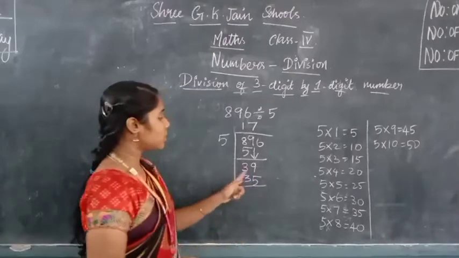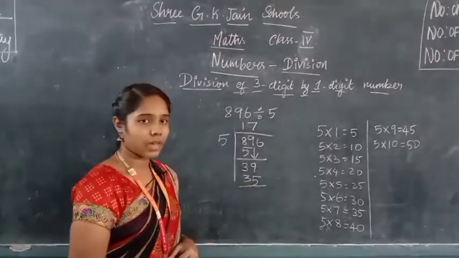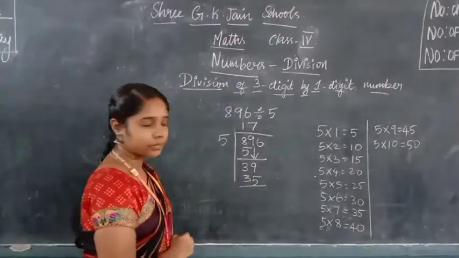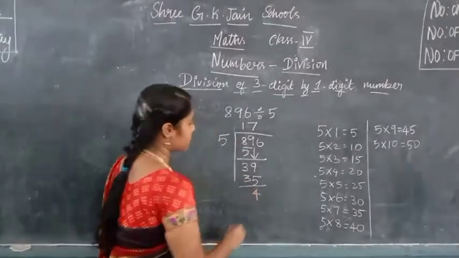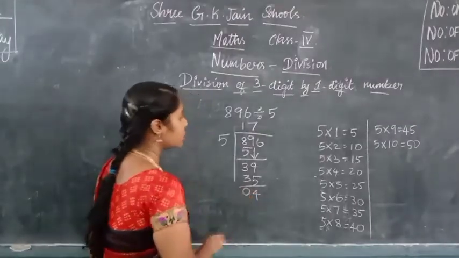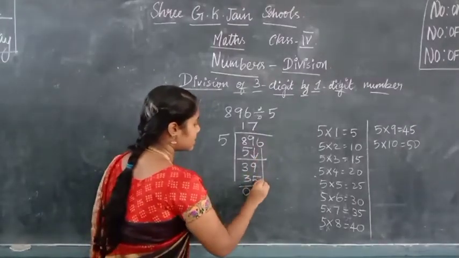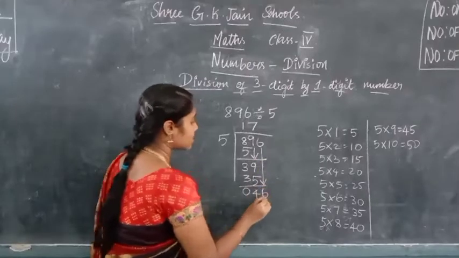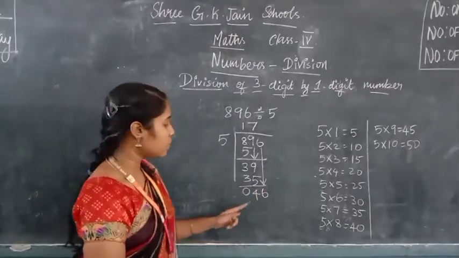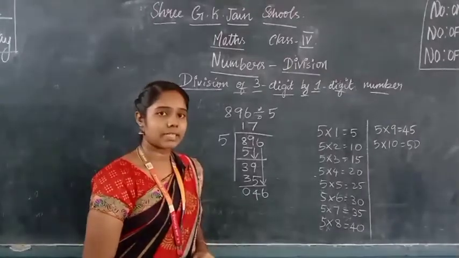Now 39 minus 35. Shall we subtract it? 9 minus 5 is 4, right? 3 minus 3 is 0. Now take down the next number, 6. So this 4 becomes 46. Now we have to see if 46 is there in the 5 tables.